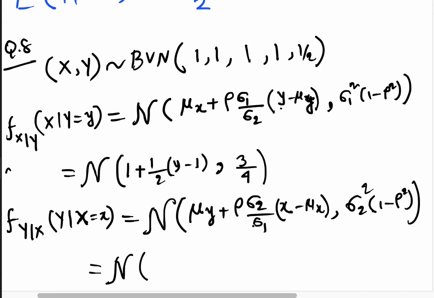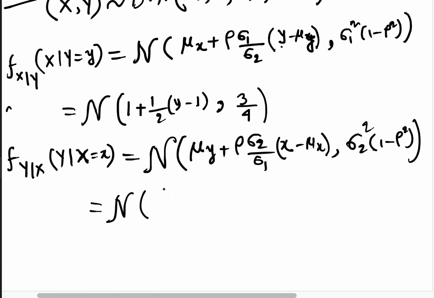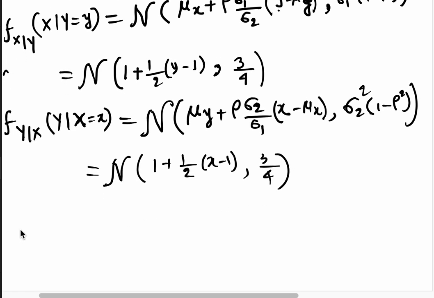Similarly, I think all the things are similar, so this will also be the same, half x minus 1 on 3/4. Now it is asked what is the distribution of y given x equal to 2. So if we put x equal to 2, it will become normal 1 plus x equal to 2.